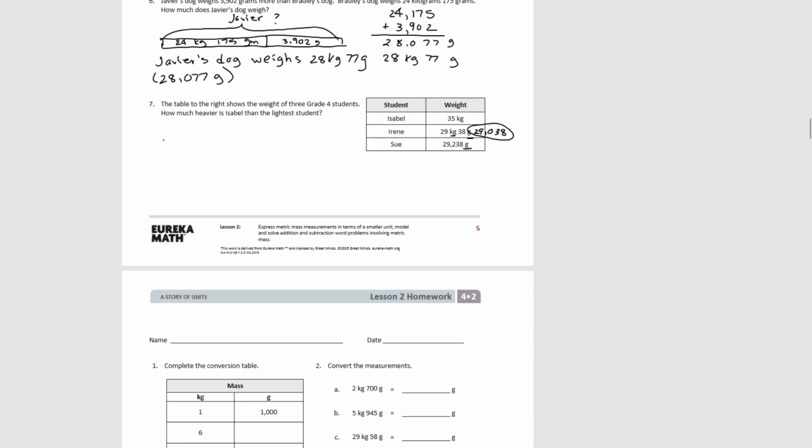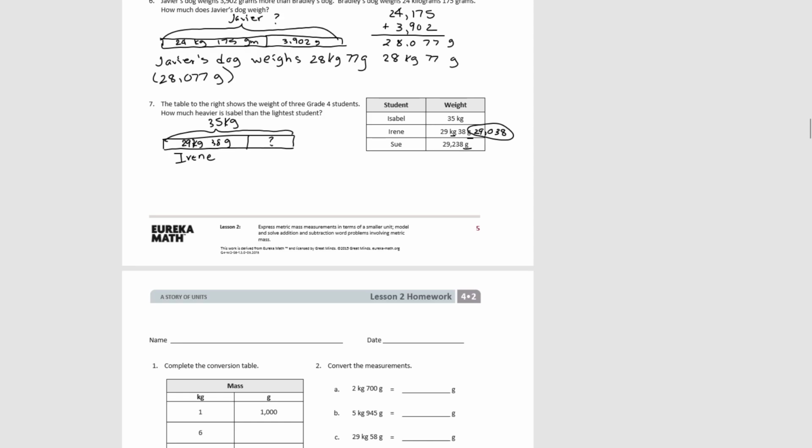So if we're looking for Isabel's weight, we know Isabel's weight is 35 kilograms. And we know Irene weighs 29 kilograms, 38 grams. That's Irene. And we want to know how much more the 35 kilograms is from what Irene weighs.